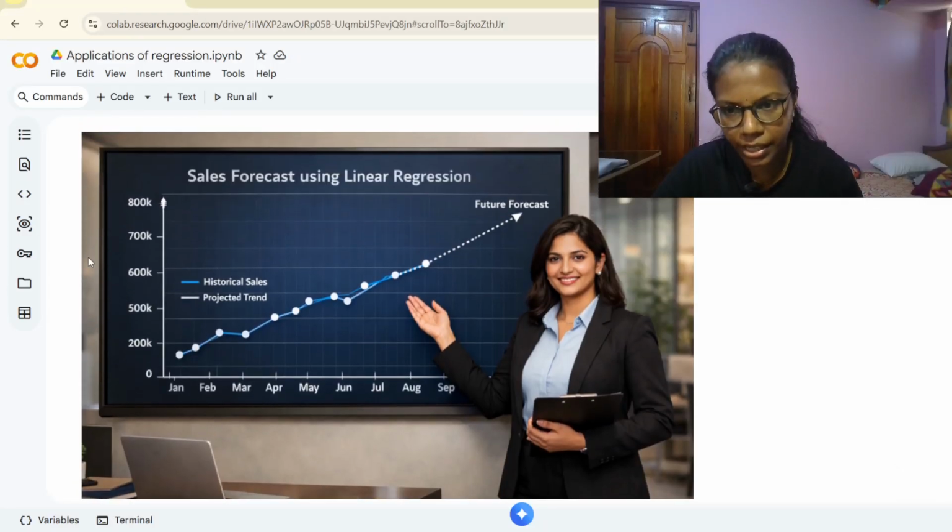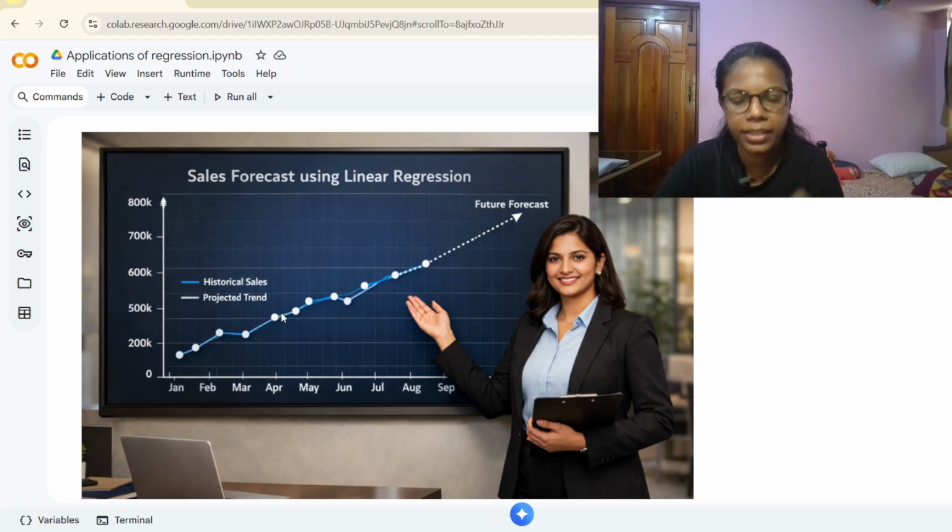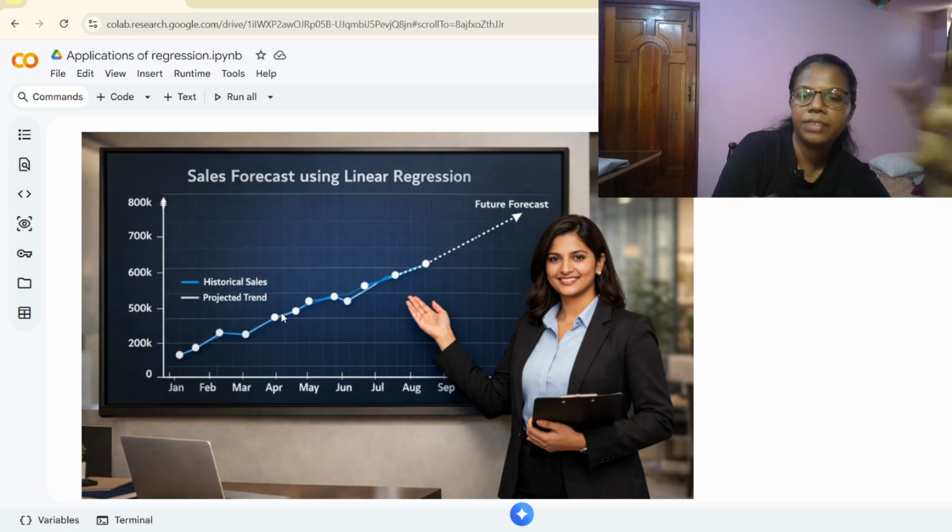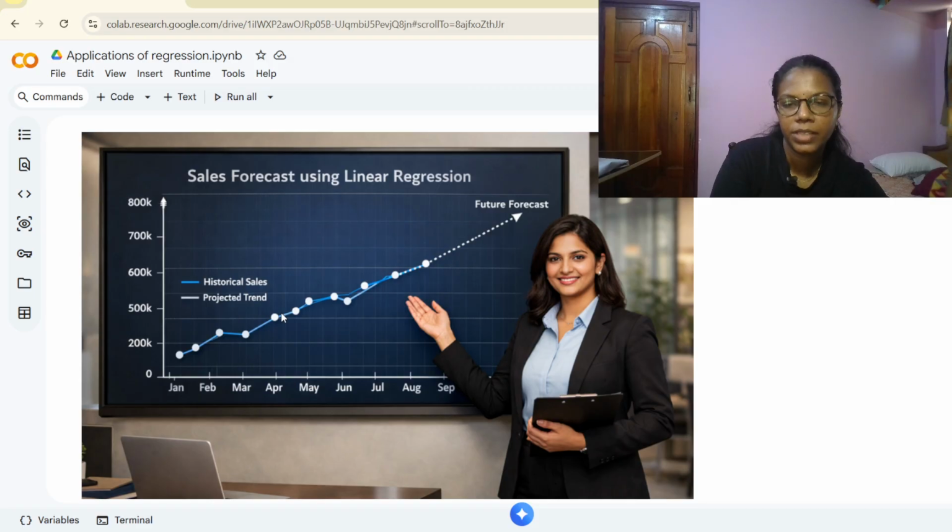Now see here in this data. If it sees a drop from February to March, this machine learning model is going to understand there will be a drop. Next, from March to April, it is increasing. So the model will understand this trend line clearly. For future years, it will give us a prediction: in this month the sales might get reduced, in this month the sales might get increased.